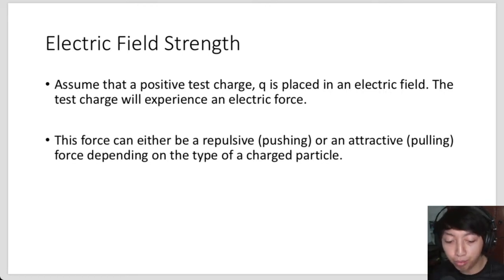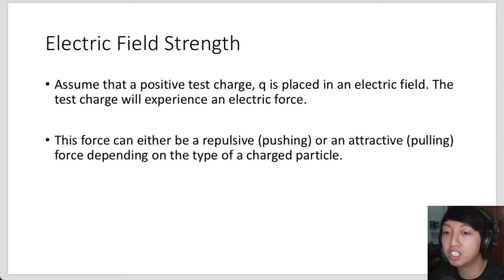All right, so we've learned what the electric field is, which is the area around a charge, and if anything comes into that area, it will experience what we call an electric force, either a push or a pull. Now, assume that a positive test charge is placed in an electric field.